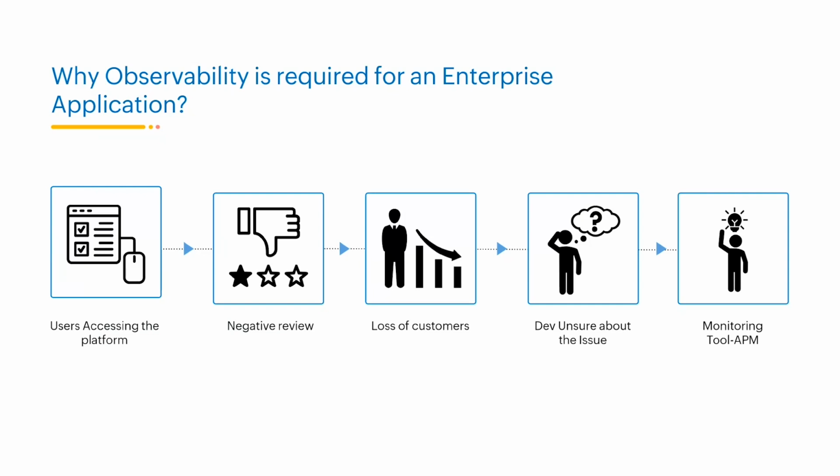Logs are the historical data of the system events and errors. This can be shown in plain text, binary, or structured with metadata. Next, metrics are the numerical measurements of the system performance and behaviors, such as CPU usage, response time, or error rate.